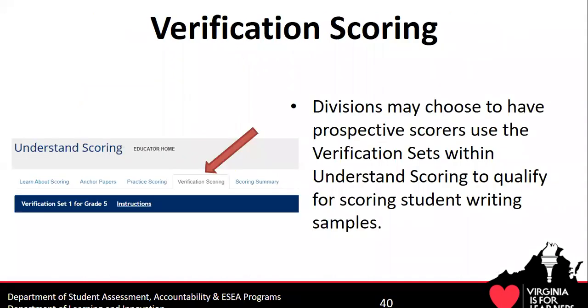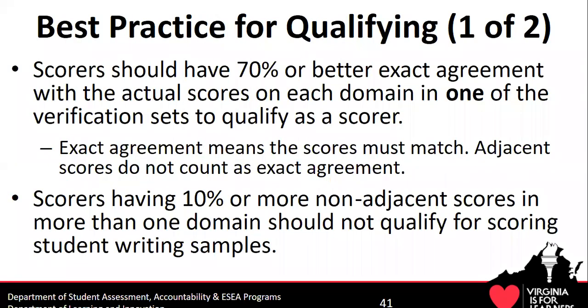Then we have verification scoring after practice scoring, and you may choose again to have your scorers for 5th grade use the verification sets to qualify for scoring student writing samples. Best practice for qualifying, and again, this is specific to 5th grade.